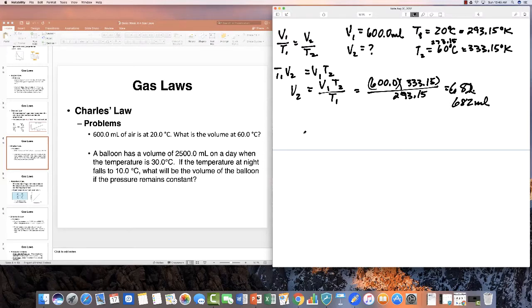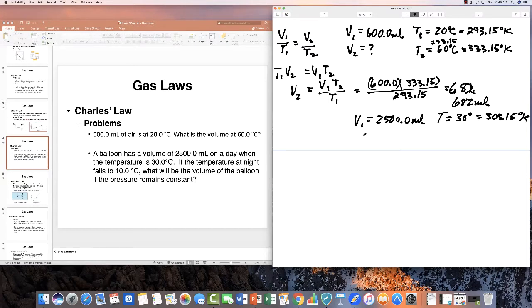Let's do another one. A balloon has a volume of 2,500 milliliters. So V1 is equal to 2,500 milliliters, on a day when the temperature is 30 degrees centigrade. So 30 plus 273.15 is going to be 303.15 degrees Kelvin.